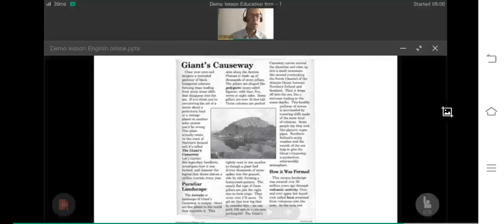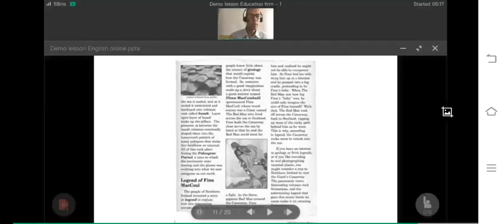At the beginning, it tells the reader in an eloquent way about some of the facts surrounding Giant's Causeway, including the landscape, how it was formed. It then has a part about the legend of Finn McCool, the giant. I thought it would be fun for the students, and at their level, I think they would enjoy it.